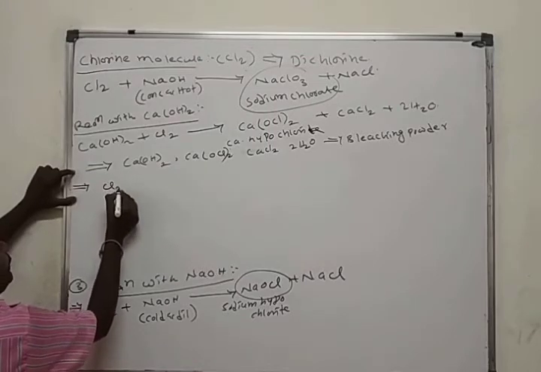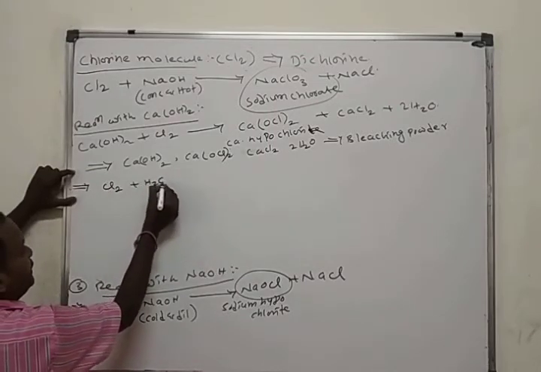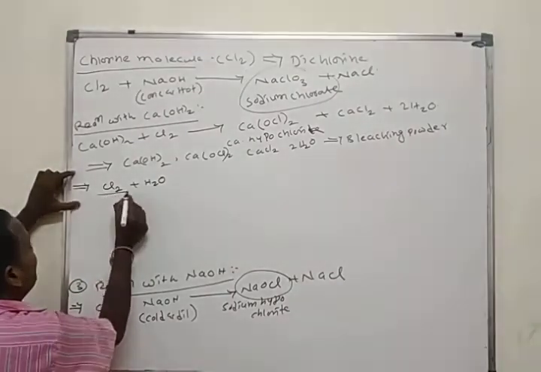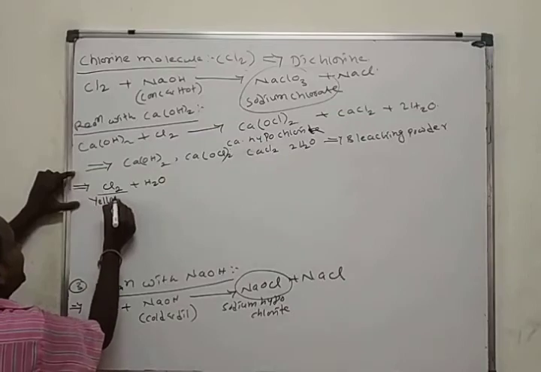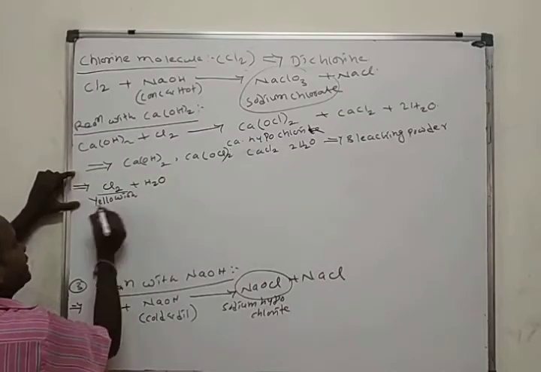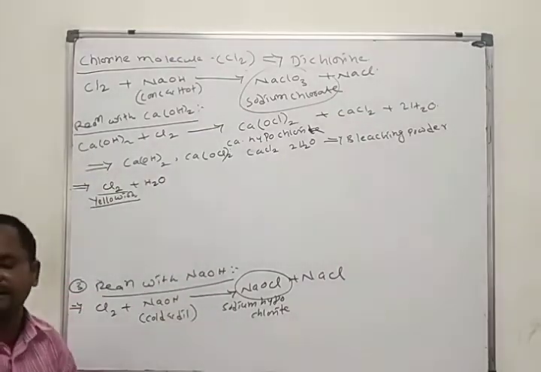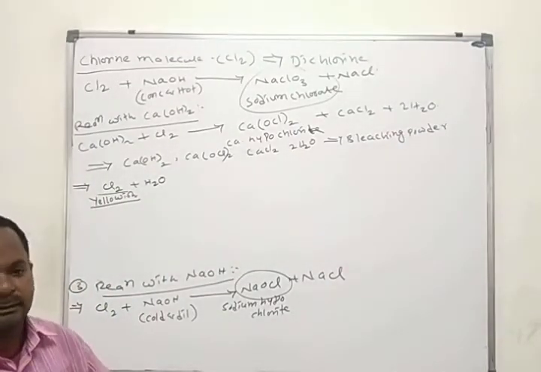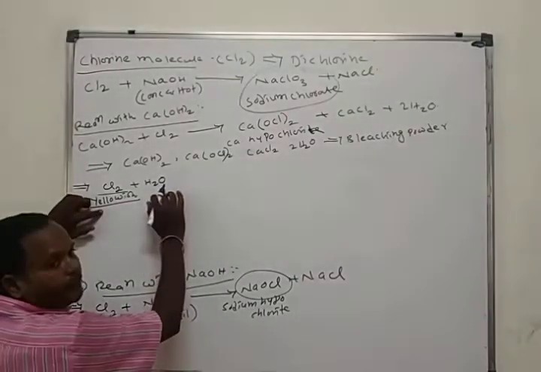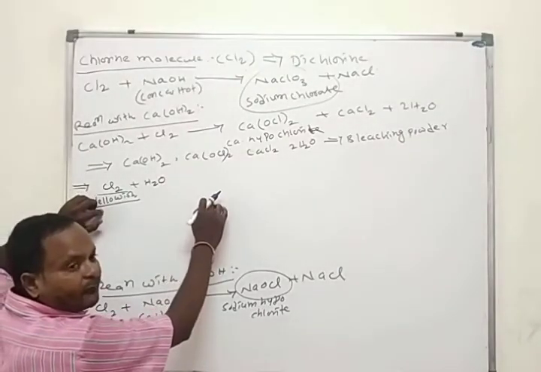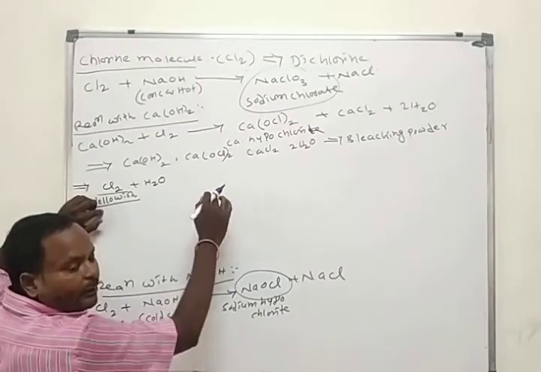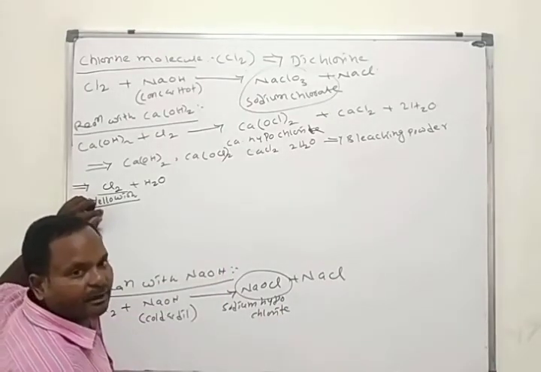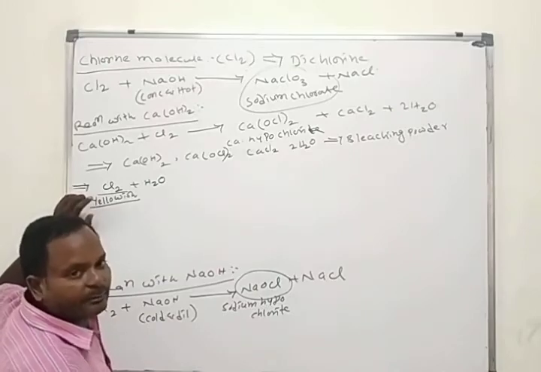When a chlorine molecule is dissolved in water, what is the color of chlorine? Yellowish green or greenish yellow; in some books it is yellowish green, in some greenish yellow. This colored gas dissolved in water becomes colorless after 10 or 15 minutes.